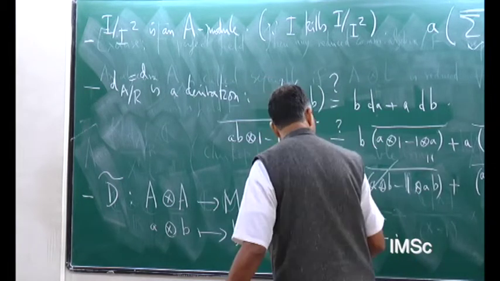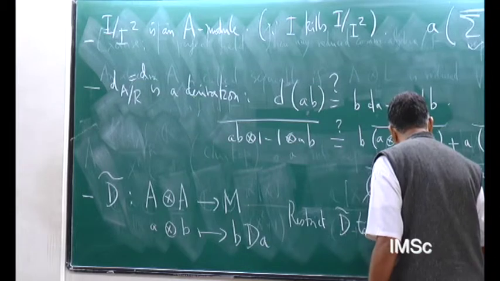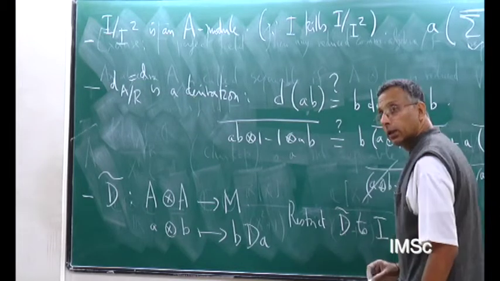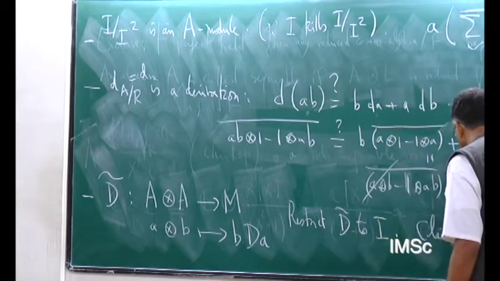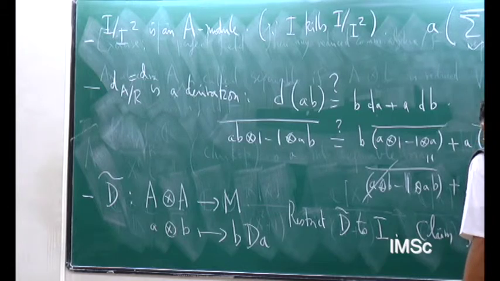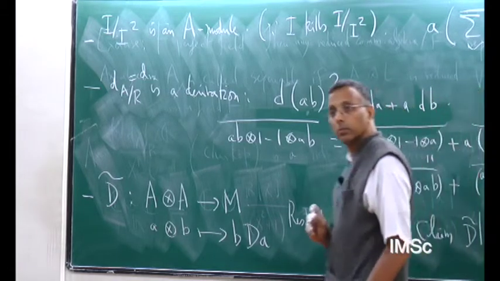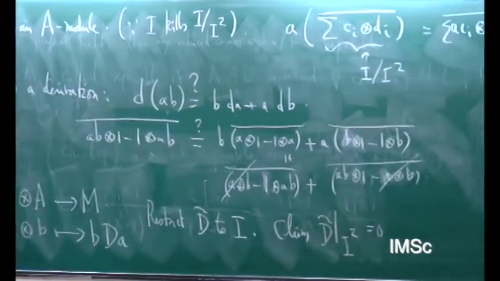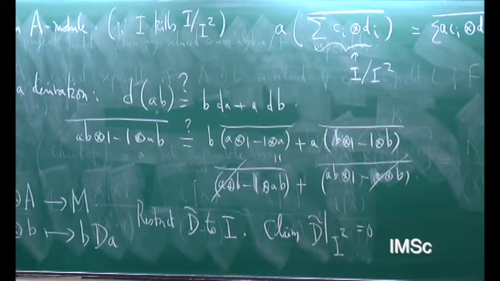Right. Now I claim d tilde restricted to I square is 0. See, at this level, we are not claiming anything about the A linearity of d tilde.